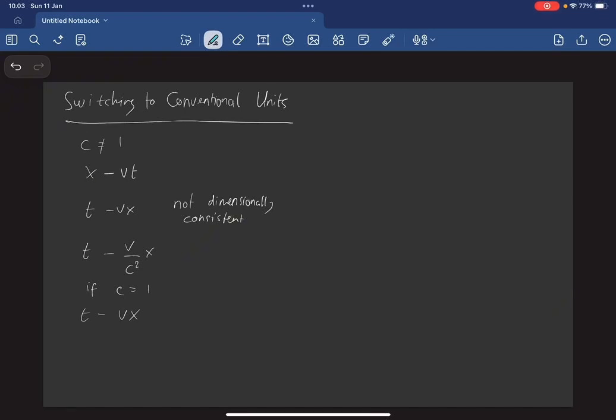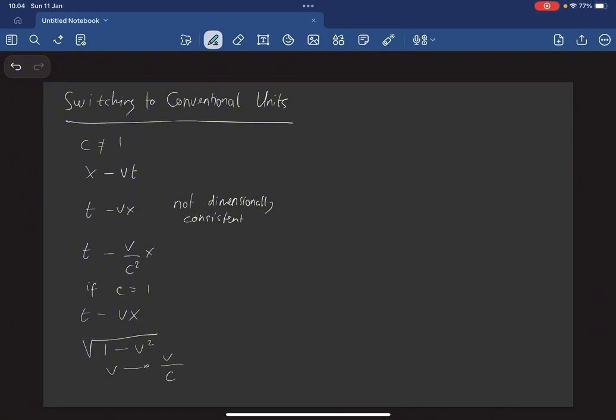Similarly, the factor in the denominators, square root of 1 minus v square, is not dimensionally consistent. To fix the units, we replace v with v over c, so v divided by c.